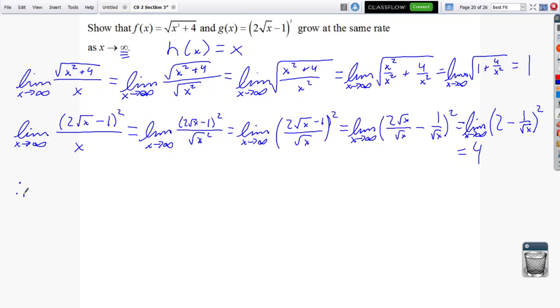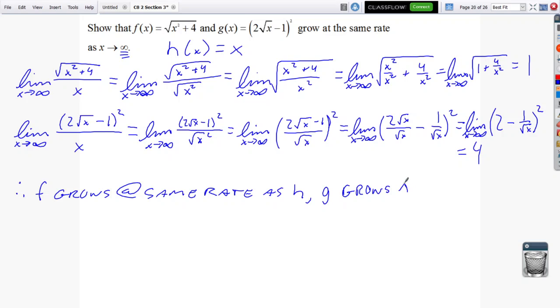So therefore, f grows at the same rate as h. g grows at the same rate as h.